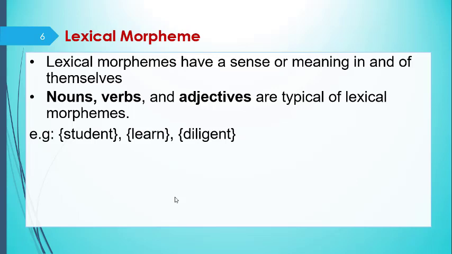We have already known about free and bound morphemes. So now let's get to know what is lexical morpheme and also what is grammatical morpheme. Lexical morphemes have a sense or meaning in and of themselves. Nouns, verbs, and adjectives are typical of lexical morphemes.